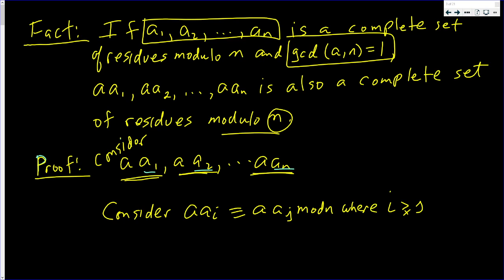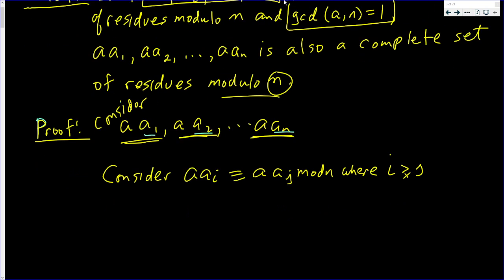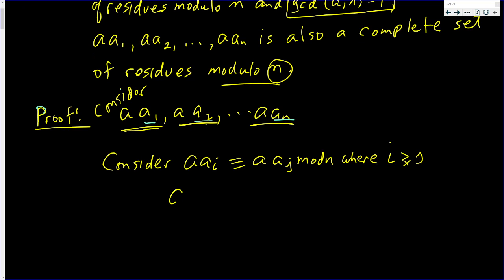Okay, so i is bigger than j. Well, this tells me that a times a sub i minus a times a sub j is a multiple of n. It's k times n.